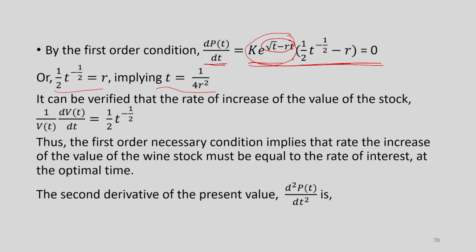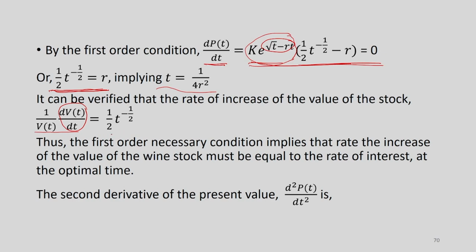What does this condition mean? Now, it can be verified that the rate of increase of the value of the stock is this, because this is the instantaneous increase of the value of the stock. So, the rate of increase is this divided by Vt, that is dVt/dt divided by Vt, the rate at which it is rising.